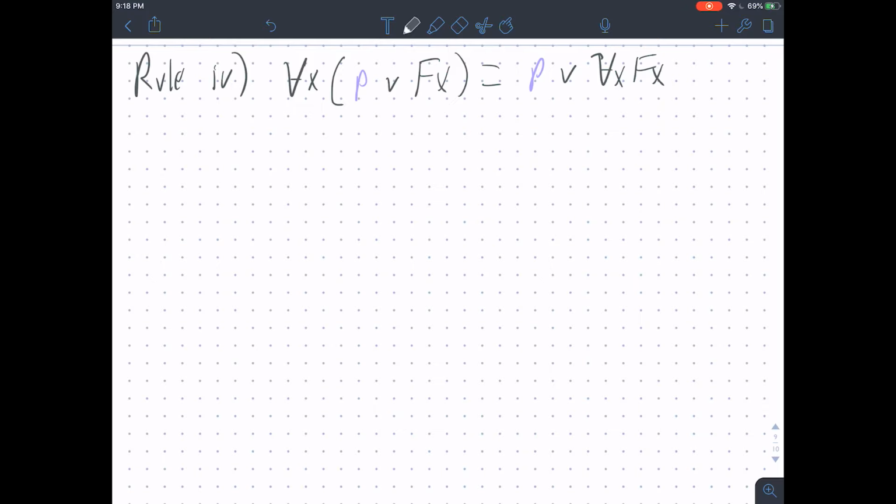And again, this is not saying the same thing as saying that the universal quantifier distributes over alternation, because it doesn't. What this is saying is that if we have a universal quantifier where the scope is an alternation and one part doesn't have any occurrences of the variable that the quantifier binds, so in our example x, then the whole thing is equivalent to an alternation where one side is that part with no variables bound by our quantifier, and the other side is the universal quantifier governing the stuff that has variables it binds.